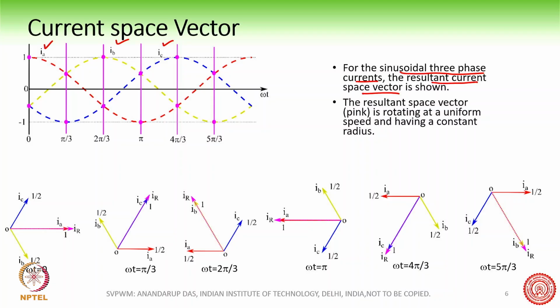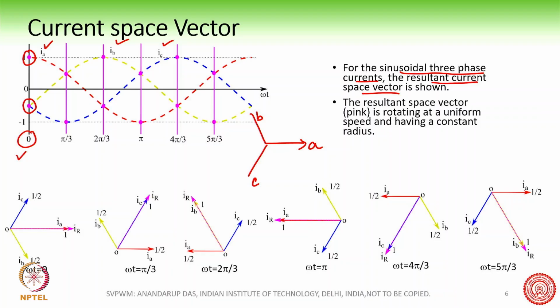Now let us take a few instants. For example, take the first instant at omega t equal to 0. What is happening here is that you have the A phase axis here, B axis here, and C axis here, and at this omega t equal to 0, you see that IA is 1 and IB and IC are minus half.